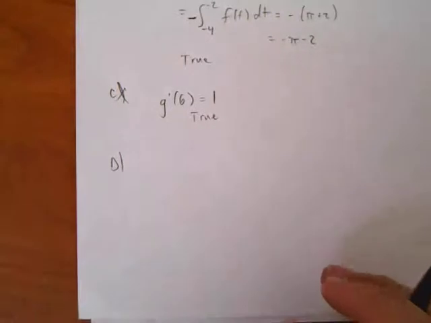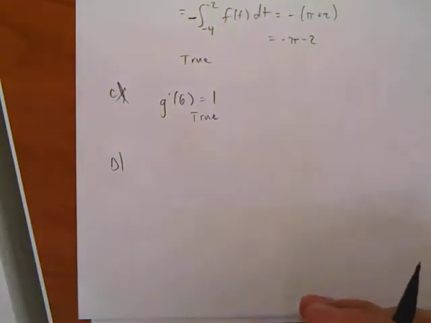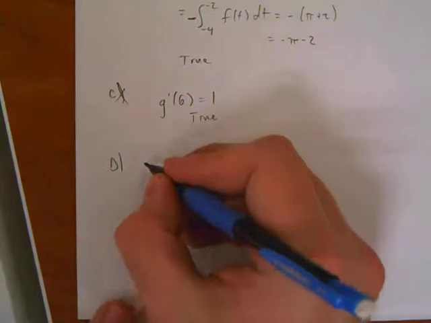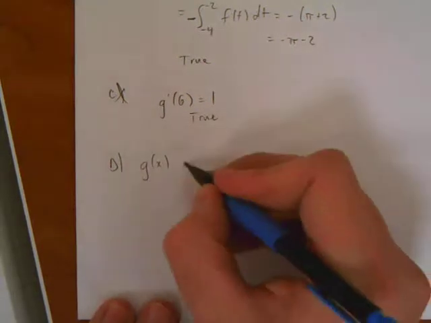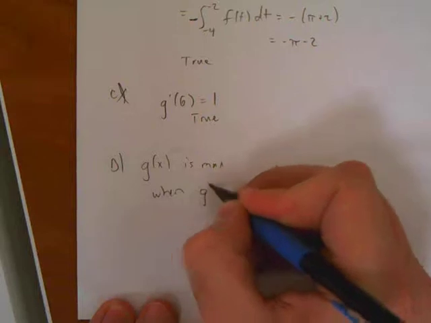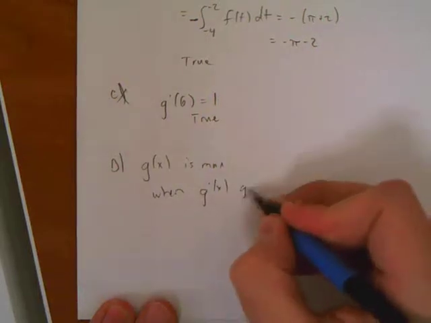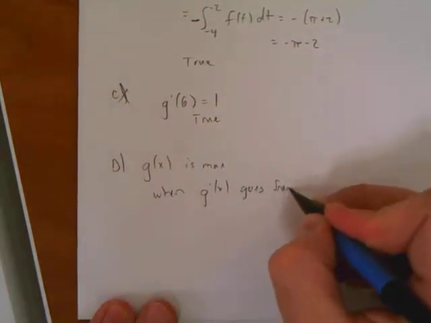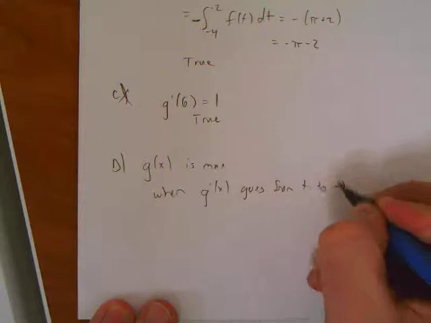D, we're narrowing down our chances. G of x has a relative maximum at x equals 4. So remember, g of x has a maximum when g prime of x goes from positive to negative.